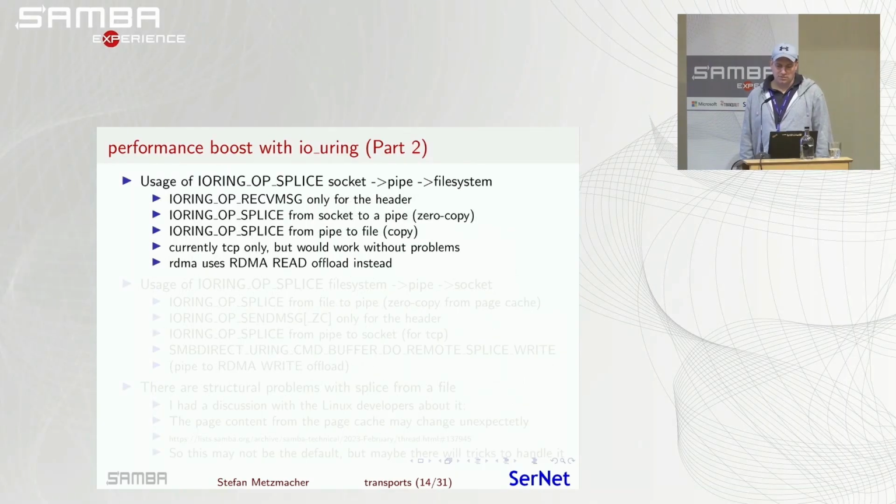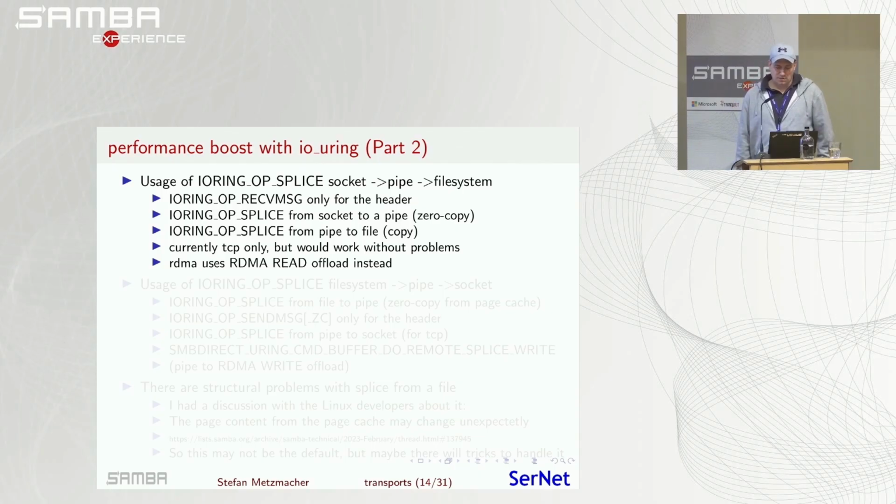So the next also important performance boost is using the splice operation. That basically avoids memory copy completely. In the way from the socket via a pipe to the file system, we only avoid one copy. Basically, we use the kernel pages we got in the socket, moving this to the pipe with basically zero copy.